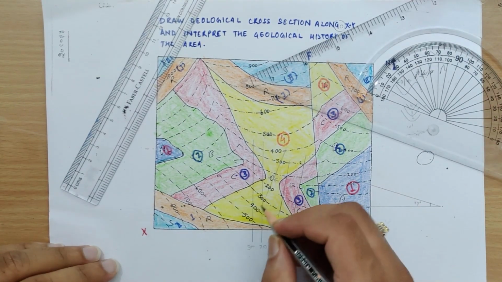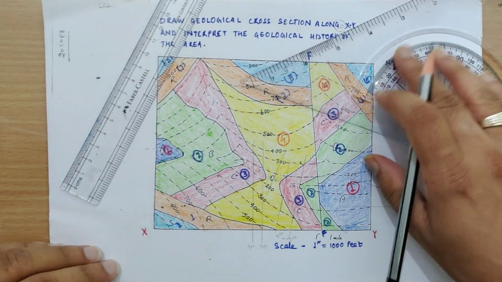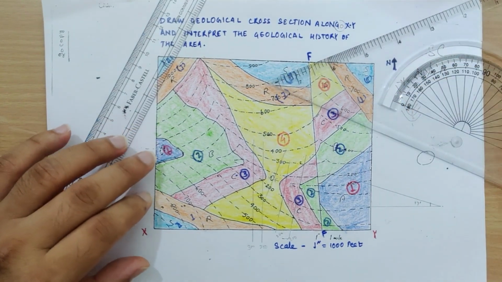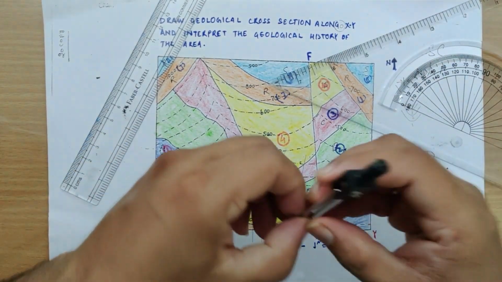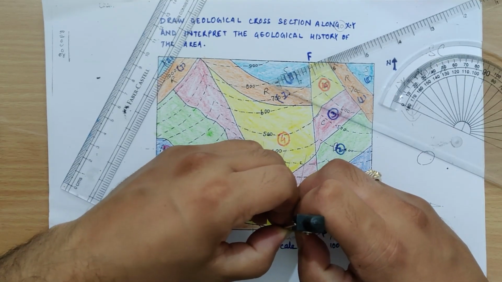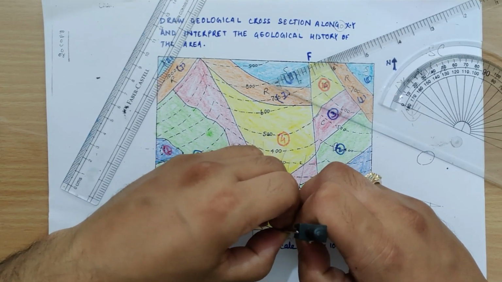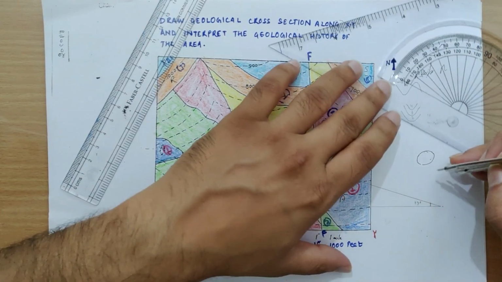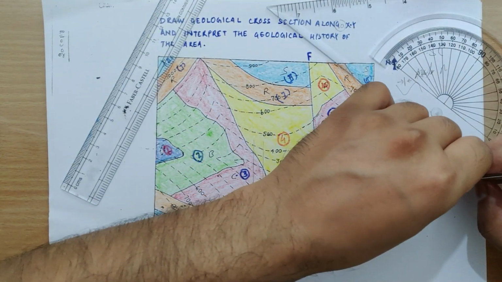Have to remember. And then let's see this one. Again we need to measure this length. This is HE. You have to plot this HE as well.